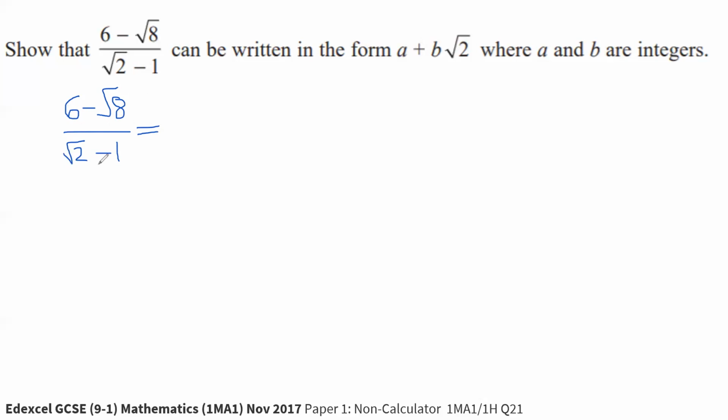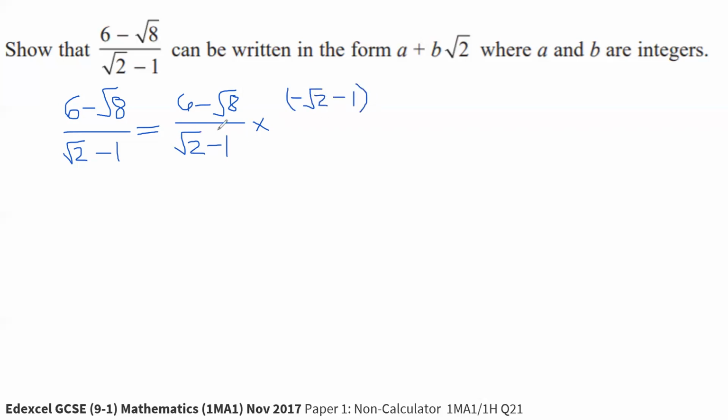So in order to get rid of this surd on the bottom, we times this whole fraction essentially by 1, but with 1 being the negative of this surd.